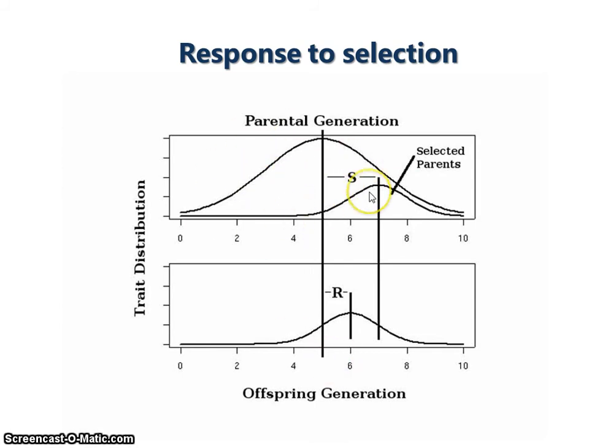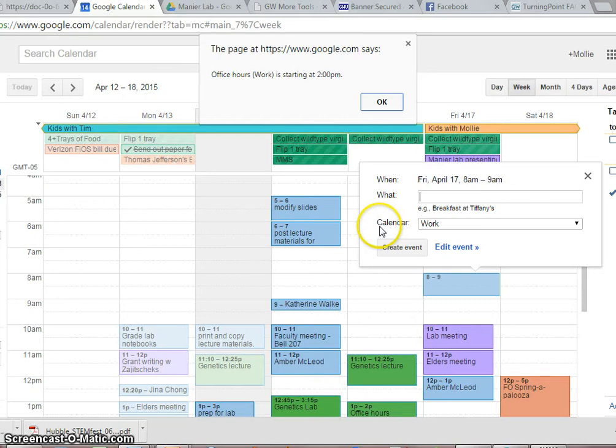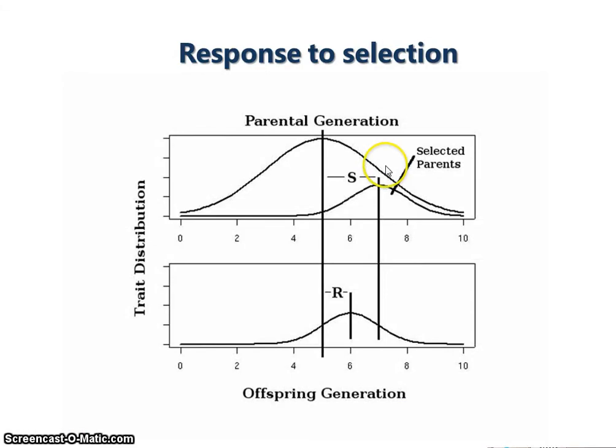So you're going to induce artificial selection, and choose a population towards the higher end to breed. The difference between the mean of the selected parents and the mean of the generation as a whole, that's your selection coefficient.